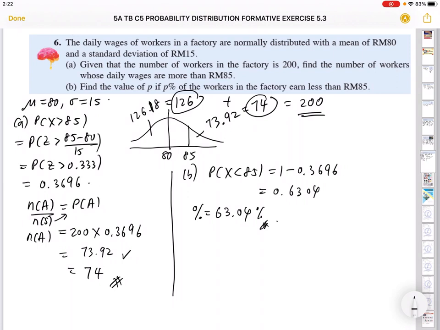I think the textbook uses z more than 1/3, so here they got 0.3694. If you get 0.3694, then your probability will be 0.6306, then your percentage will be 63.06. So there's a slight difference in answer, based on using a calculator directly versus using a mathematical table.